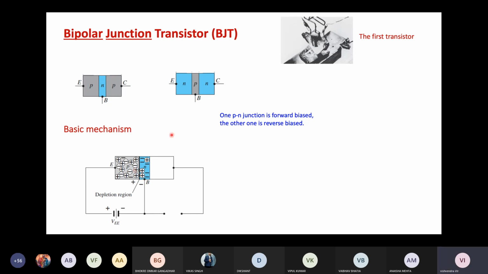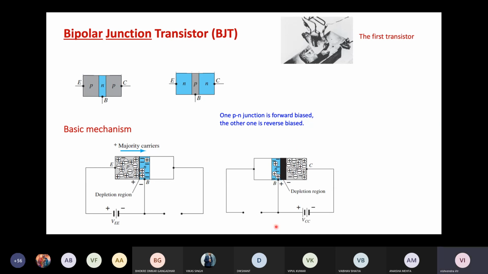Now, the majority carriers primarily will be moving across the junction, which means that a lot of holes will be traveling to the base side. Now, if this second junction, the collector base junction, is reverse biased, what happens in a reverse biased junction?